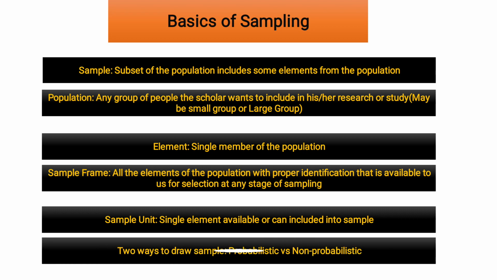Next, there are two ways you can draw the sample from the sample frame, either probabilistic or non-probabilistic. So let's briefly discuss probabilistic and non-probabilistic. In the probabilistic sampling technique, every element, for example every IT employee in your sample frame, gets an equal chance of being selected.